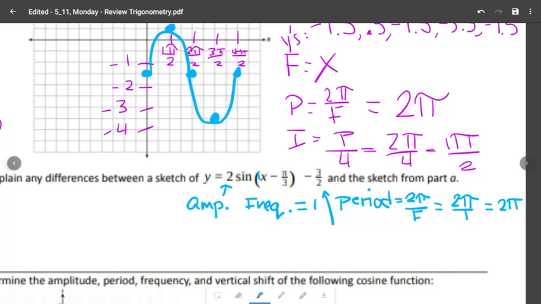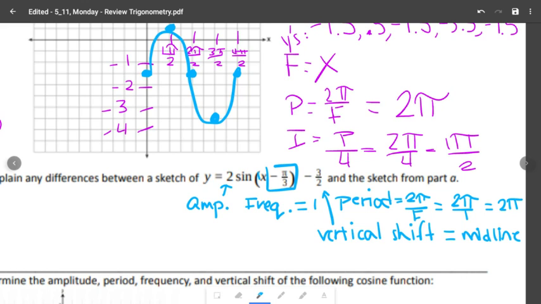I also see here my vertical shift is negative 3 halves. Vertical shift, remember, is equal to the midline, so that's the same as part A. So the only thing that's different here is this negative pi over 3.